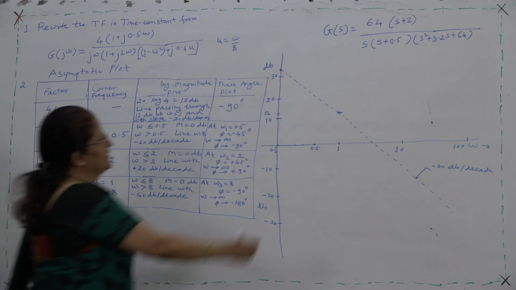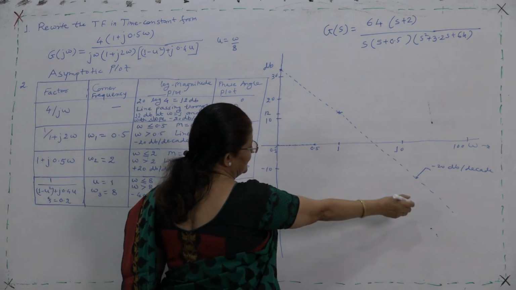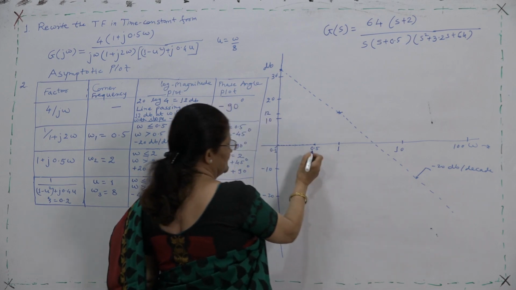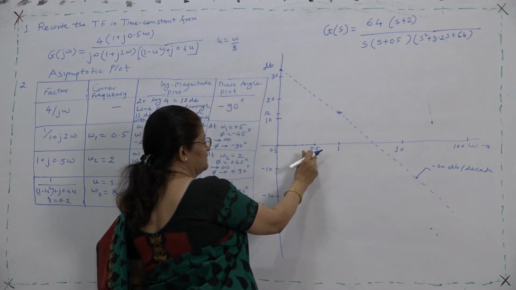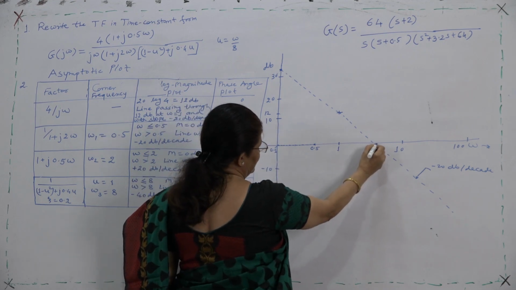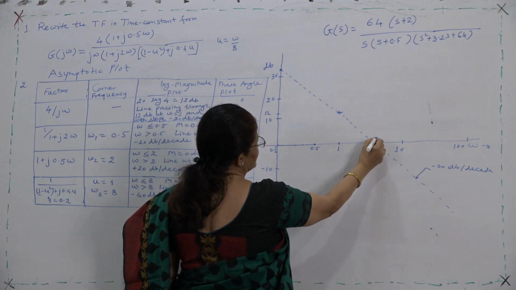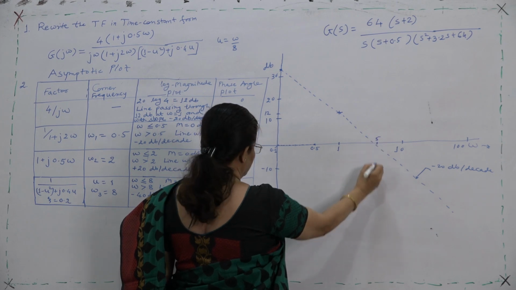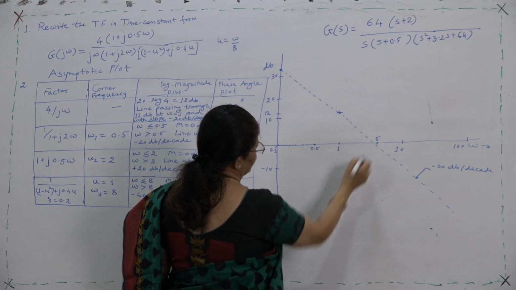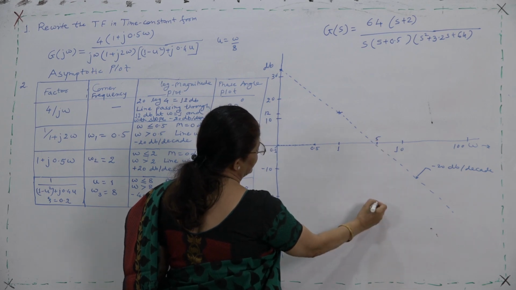So, this is the line with minus 20 dB per decade, you can draw a parallel line to this. Otherwise, what you can consider, at 0.5 it is 0, then take a point where it is 5. So, suppose here it is 5, then at 5 it is minus 20 dB. At 5 it is minus 20.